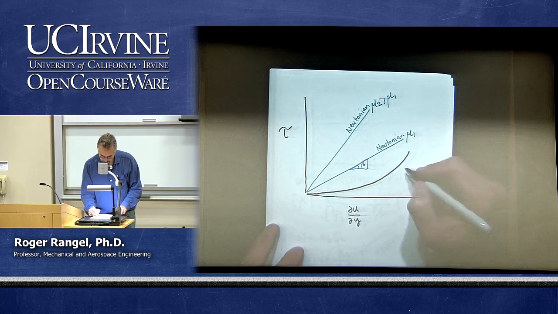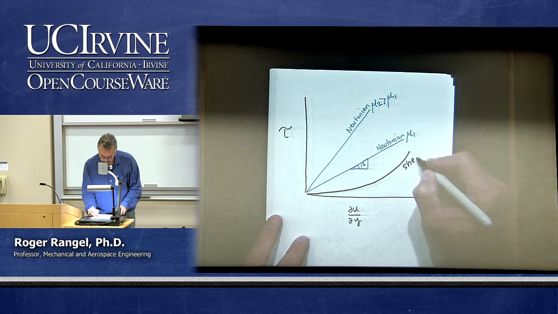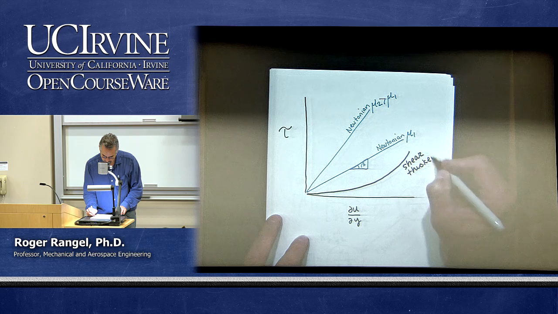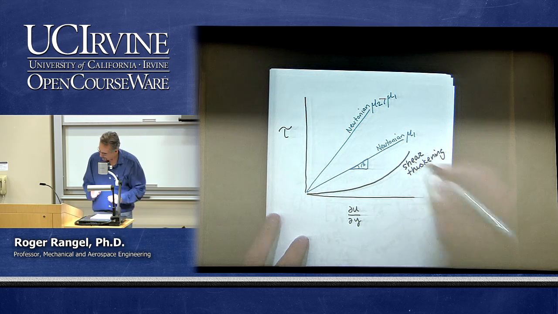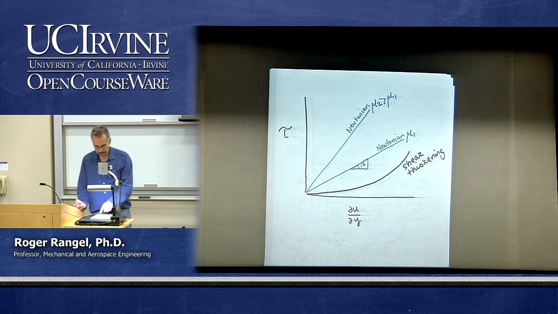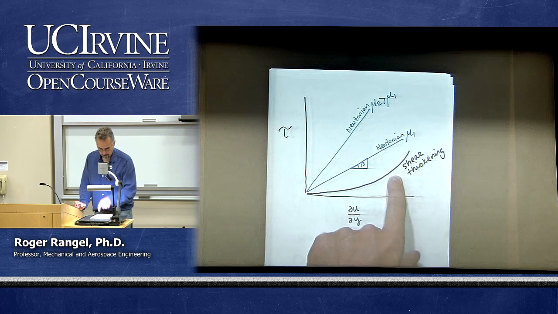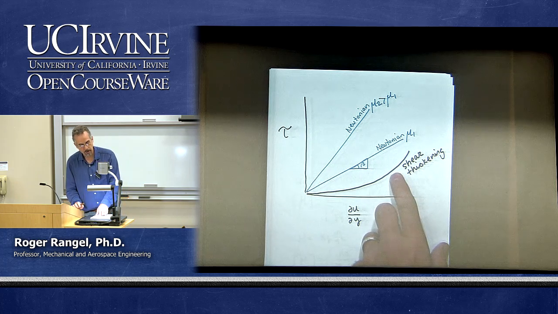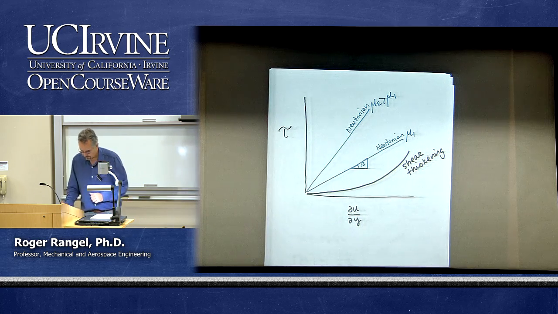Is what we call a shear thickening fluid. So that's the water and cornstarch mixture. There are other fluids, and this of course is non-Newtonian. Only the blue ones are Newtonian.